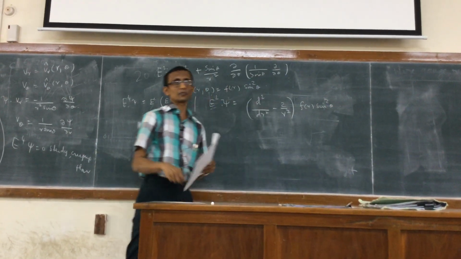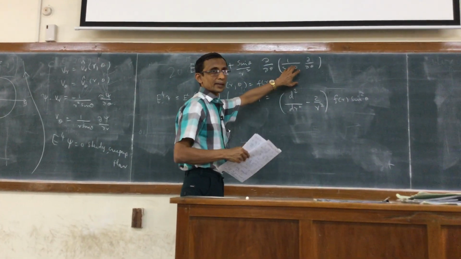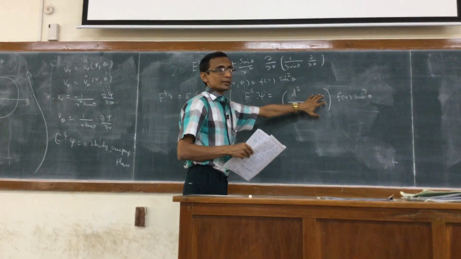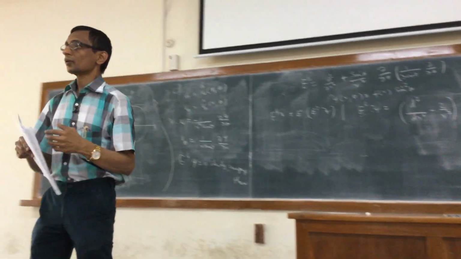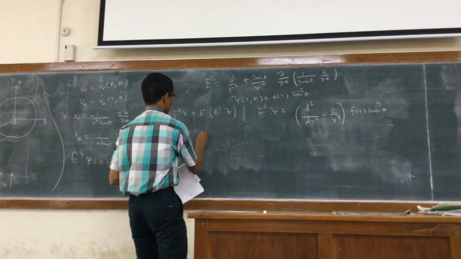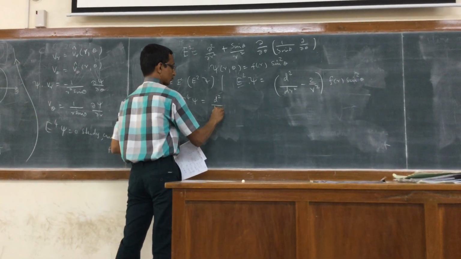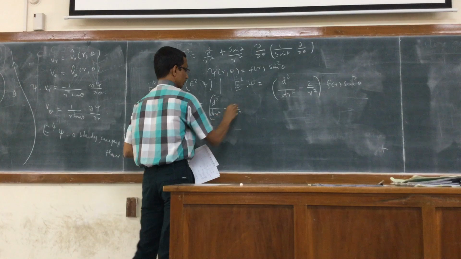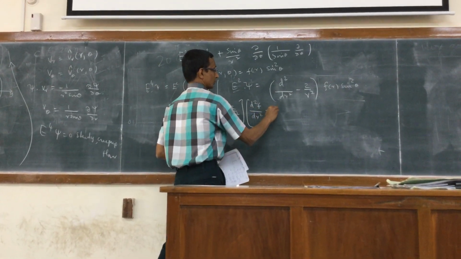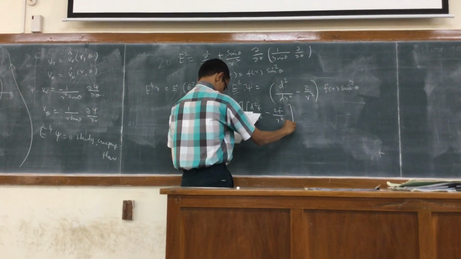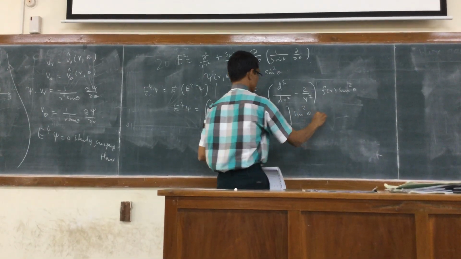So I pointed out that E squared gives for us any function of r times sin squared theta, the action of this operator which is dependent on r alone, right? So we can then argue that E power 4 psi is given by d squared by dr squared minus 2 by r squared acting on d squared f by dr squared minus 2f by r squared, times sin squared theta.